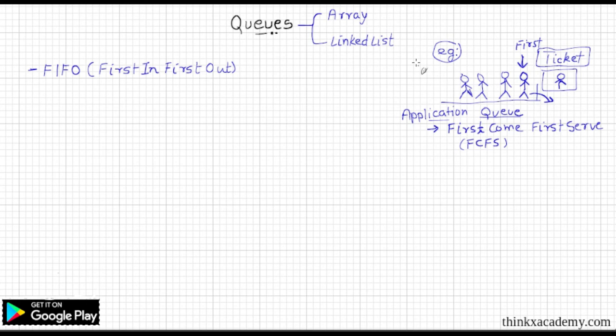So let's suppose a new man wants to get added in this queue. So this man will have to follow a particular rule of insertion, which says that this man will get inside this queue only at the last position.